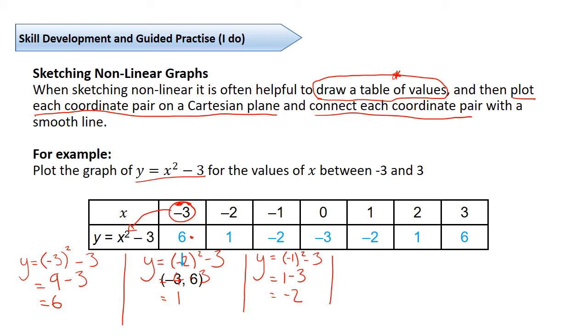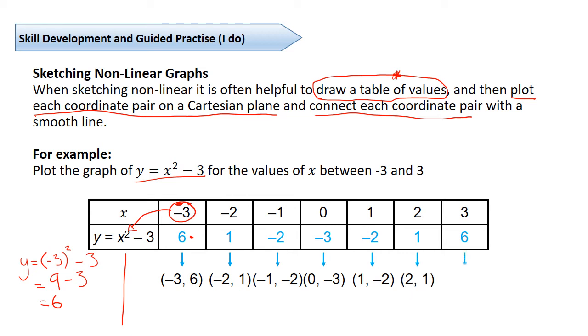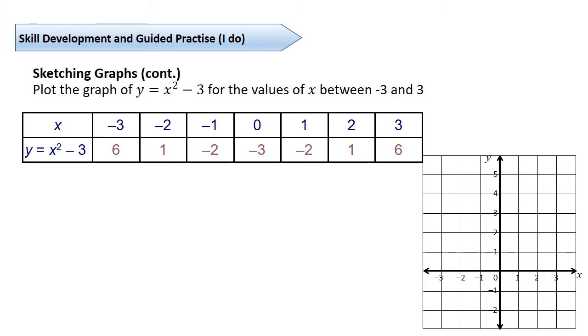I'm going to write down our coordinate pairs. Let's make some room. Okay. Writing down our coordinate pairs. These are the coordinates that we are going to plot on our Cartesian grid. Here we go. First one's first, we have -3 for x and 6.